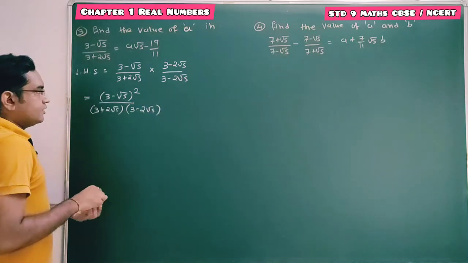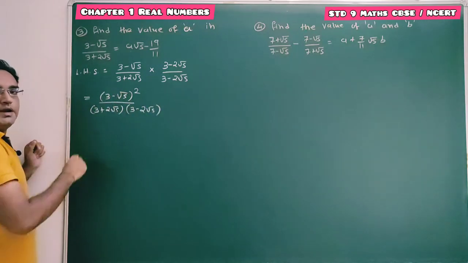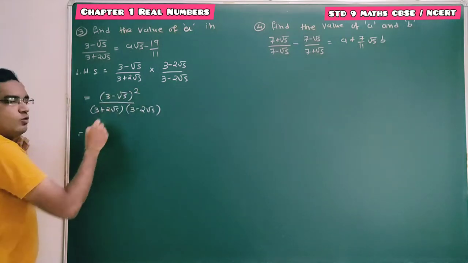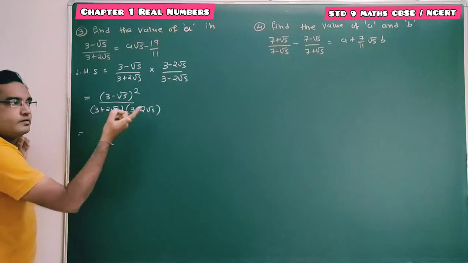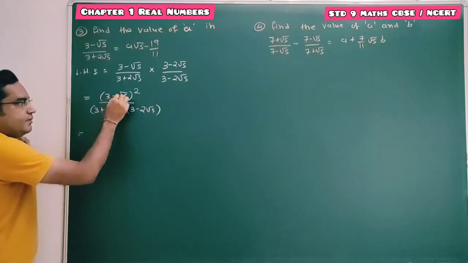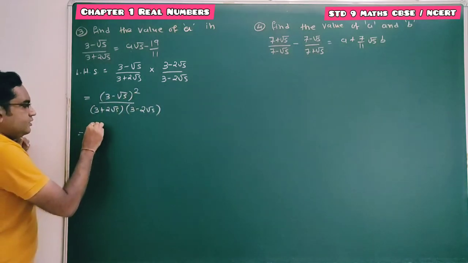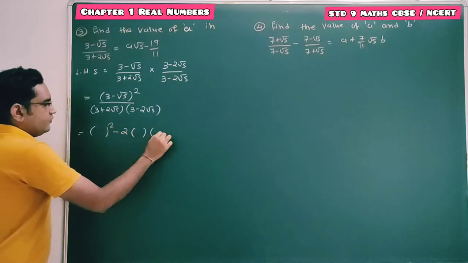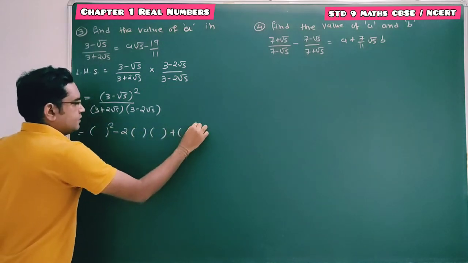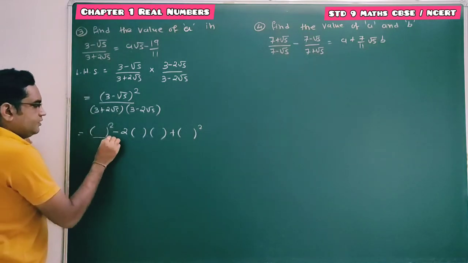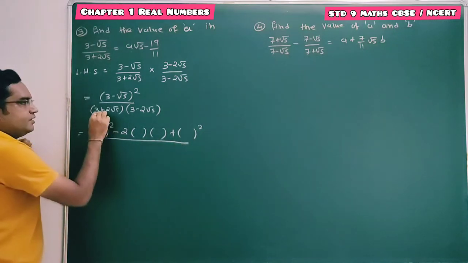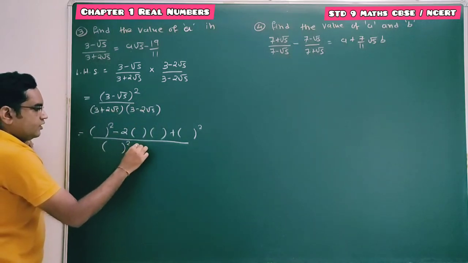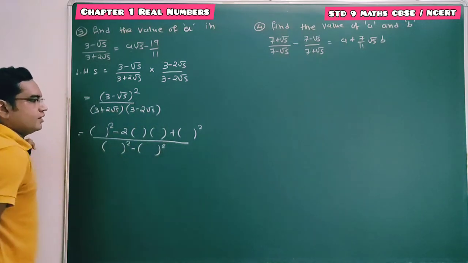Done. Here in the numerator we will perform the expansion by using the identity a minus b whole square, which we noted down last time. So it's first term square minus 2 into first into second term plus second term square, divided by a plus b into a minus b identity. So it's a square minus b square.